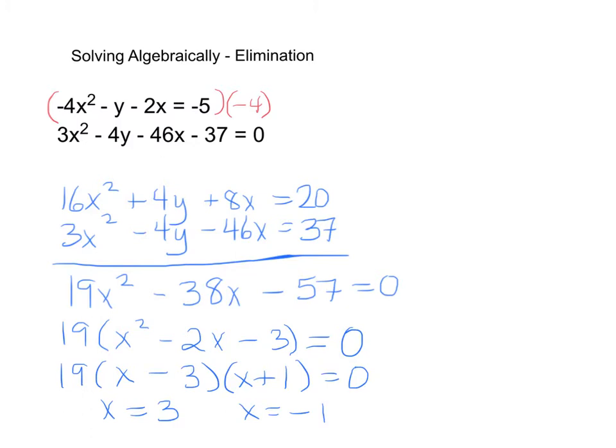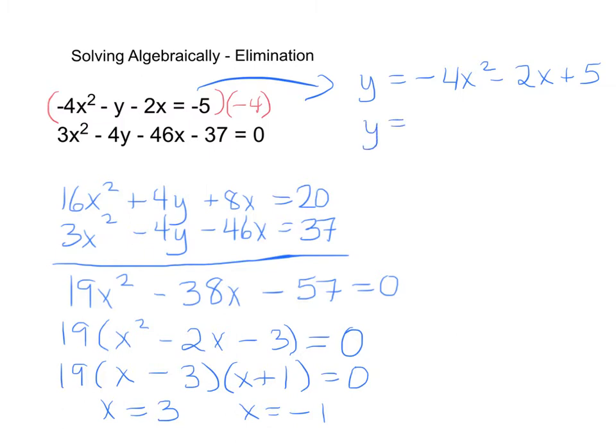So I'll take the first equation and I'm just going to change it a little bit. I'll isolate the y to make it easier for me. We'll use y equals negative 4x squared minus 2x plus 5. Right? Move the 5 over to make it positive, move the y over to make it positive. And now I can fill those in.